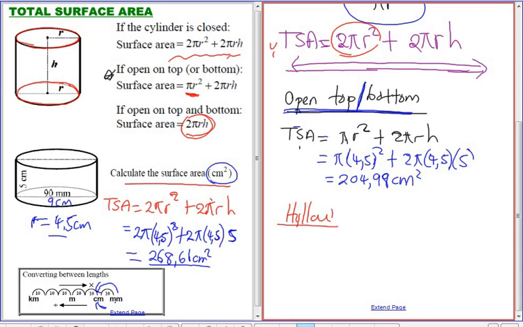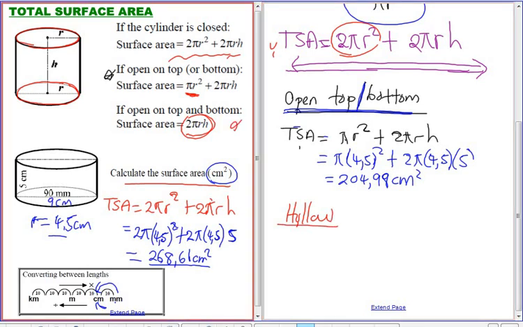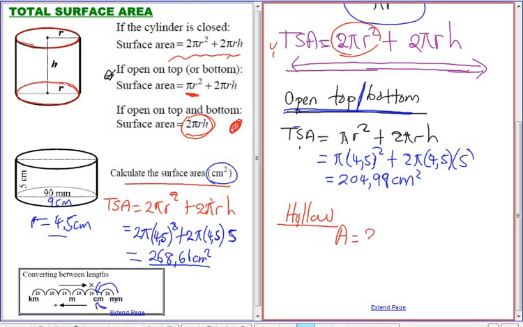It means it's open on top and at the bottom, this situation that we have here. Notice your area will just be 2 pi r h. It means your circles are not there anymore. You're just talking about the curved part. And this is as simple as anything can get.